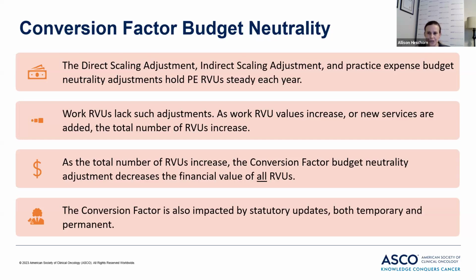The conversion factor, budget neutrality adjustment, decreases the financial value of all RVUs to accommodate any increases or additions to the pot while staying within the budget. The conversion factor is also impacted by statutory updates, both temporary and permanent.